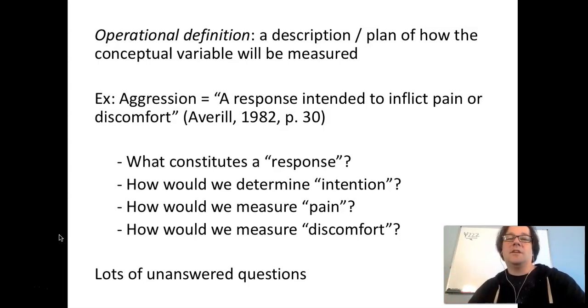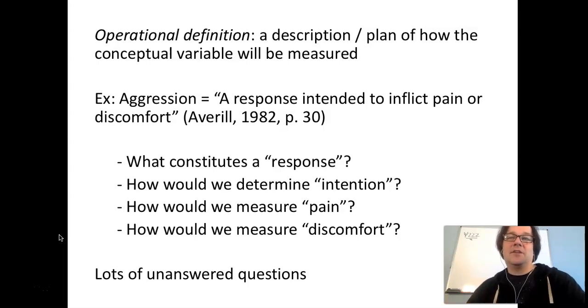Also, how are we going to determine intention? How are we going to determine what the person intended? That's often really difficult to do. This is why usually you have jurors, entire trials that are there to determine someone's intention.